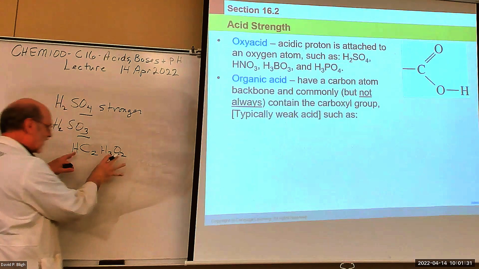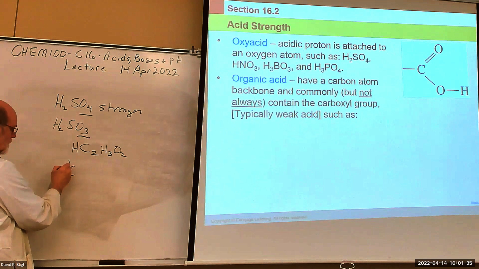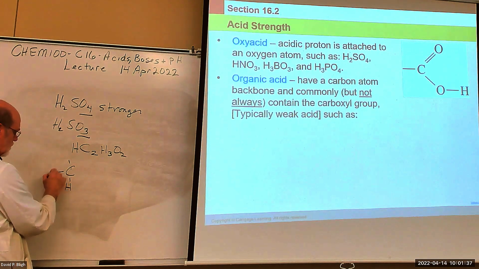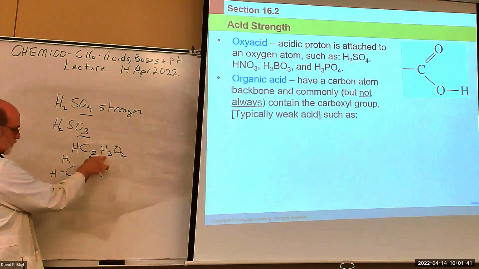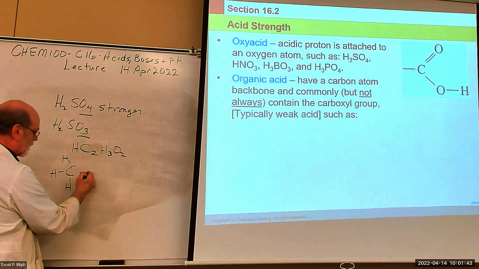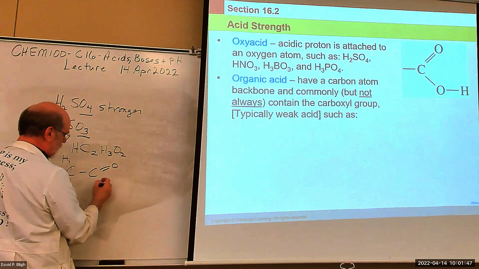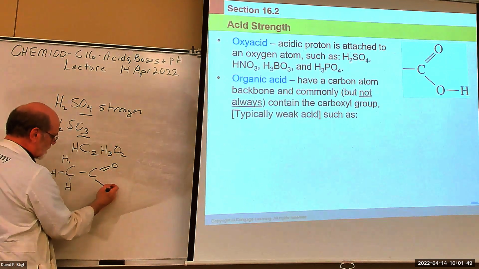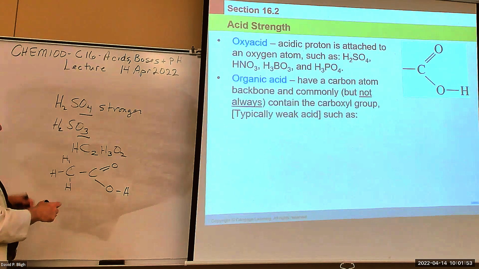C2H3O2. We often write that as this carbon with its hydrogens, right? Those three hydrogens on this carbon. Then there's another carbon, the second one. And then on this carbon, we have one of those oxygens, the other oxygen, and that hydrogen.